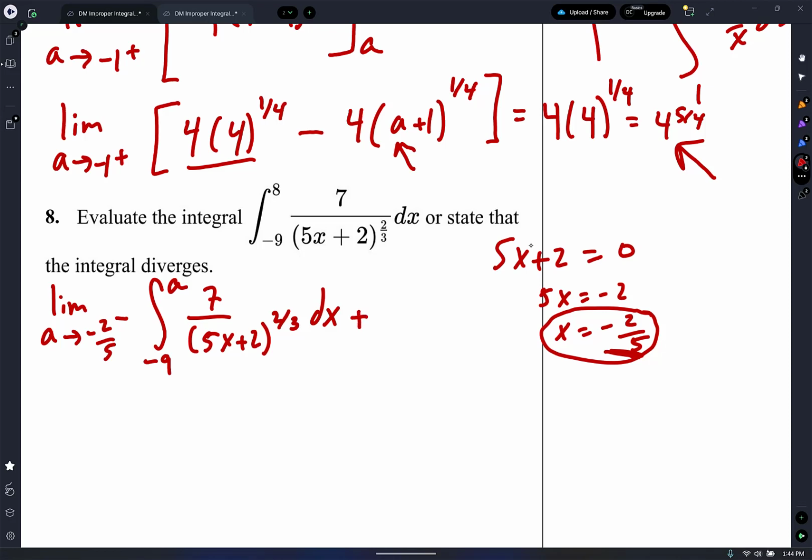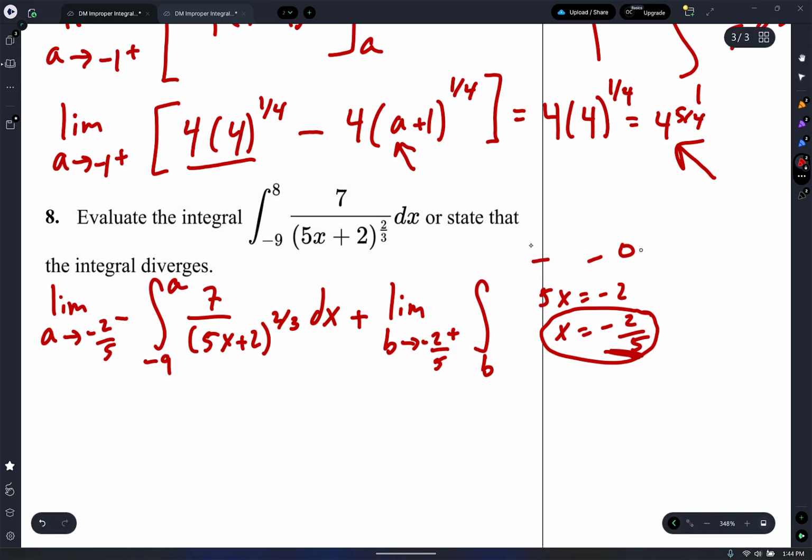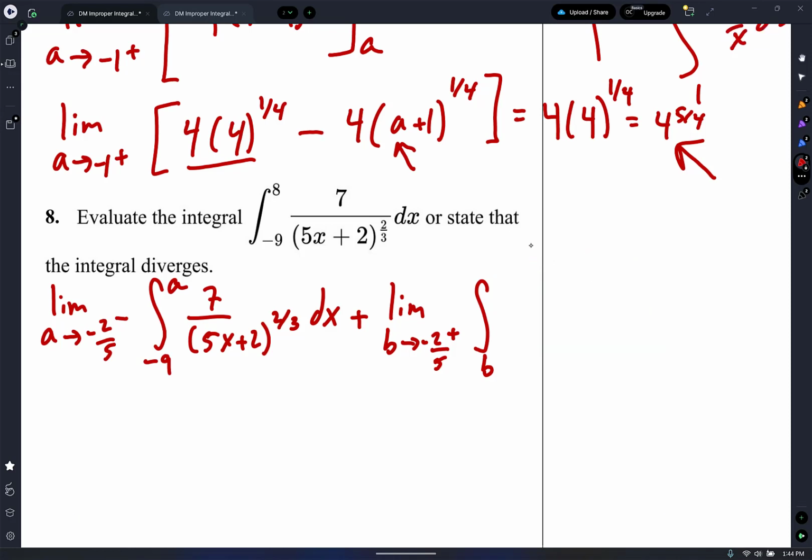Plus limit as B approaches -2/5 from the right, integral, and I'm going to write the letter B, all the way to 8 of 7 over 5x plus 2 to the 2/3 dx.